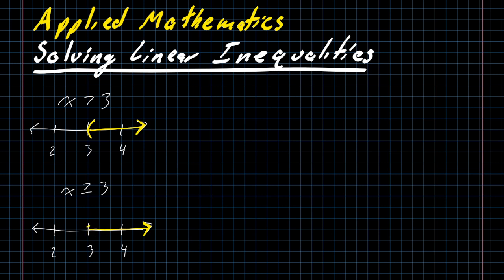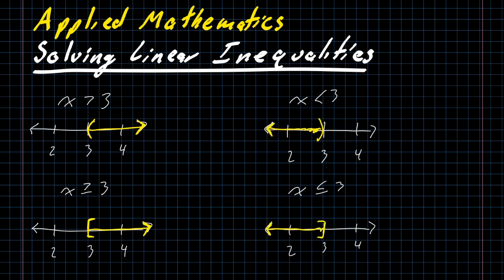Again, the other notation that's common is a filled-in circle. That is also perfectly valid, but the square bracket, which we call a closed bracket, and the open bracket generally go together. And then to complete the set, we can also have x is less than 3 or x is less than or equal to 3.